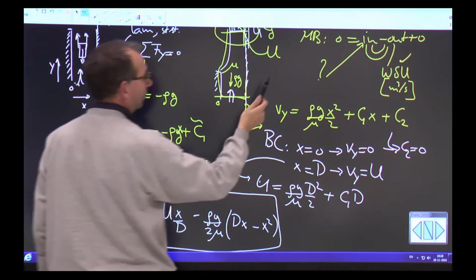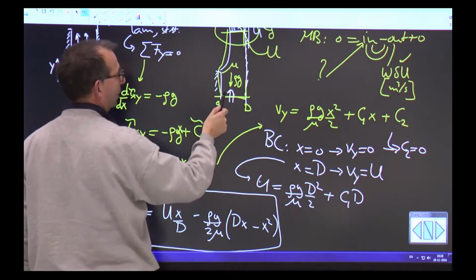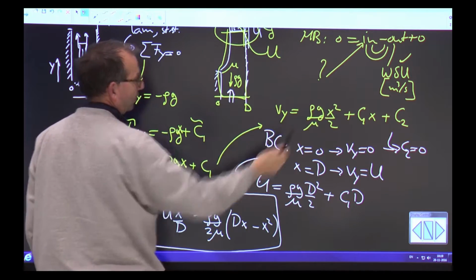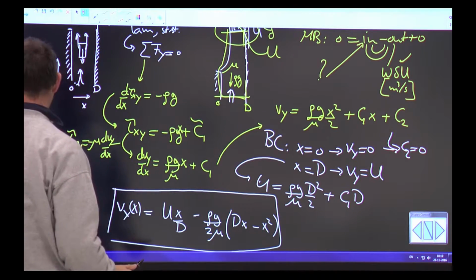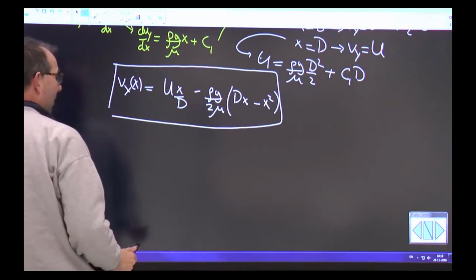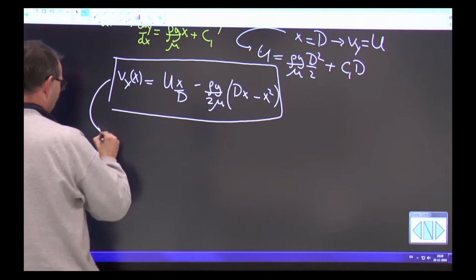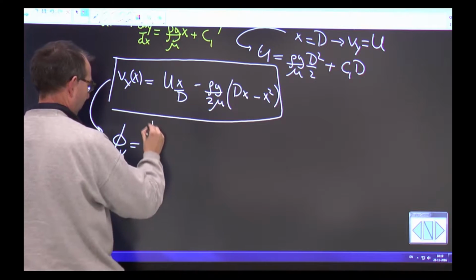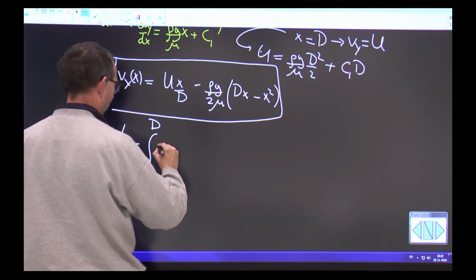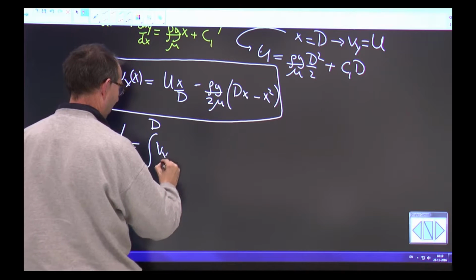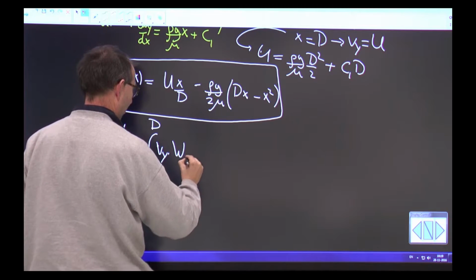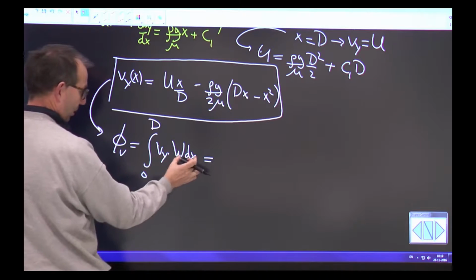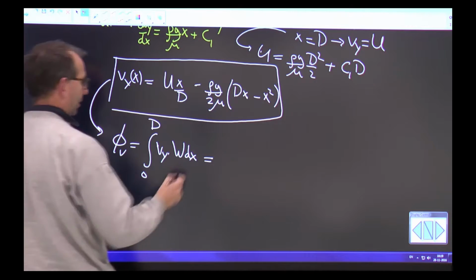So the velocity sitting here at this line. If I compute what that gives for an inflow, I can equate it against what I had here on the top, which contains the delta. So I need to find the flow through that. The volume flow is the integral over the width from 0 to capital D of Vy times W dx. If I integrate this out, this is the velocity over the width integrated.